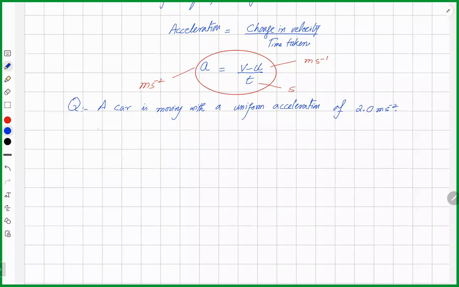What does this mean? Now, very simple question. A car is moving with an acceleration of 2.0 meter per second square.